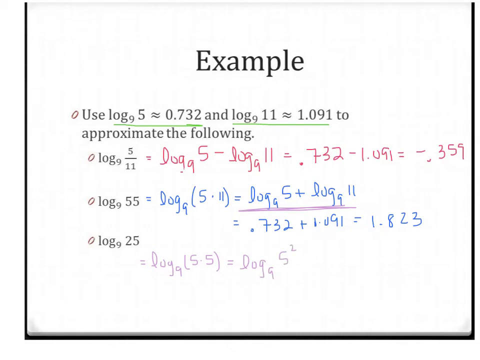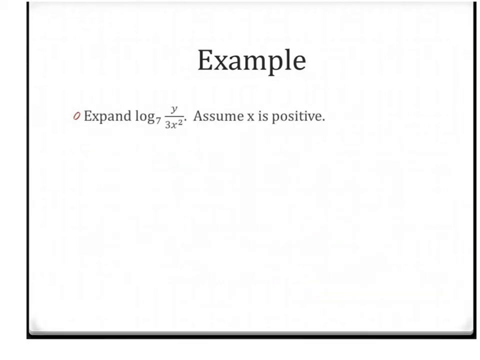That's what 25 is, or 5 times 5, which becomes 2 log base 9 of 5. So then we get 2 times 0.732, which is 1.464. Okay, so just really making sure you understand these three properties.